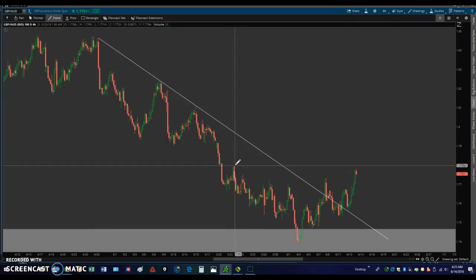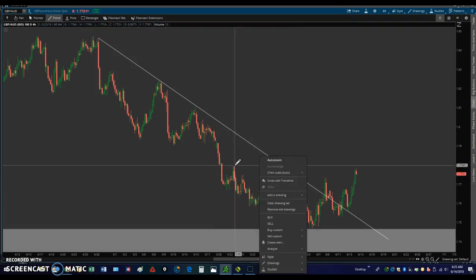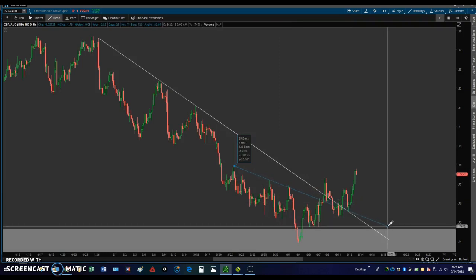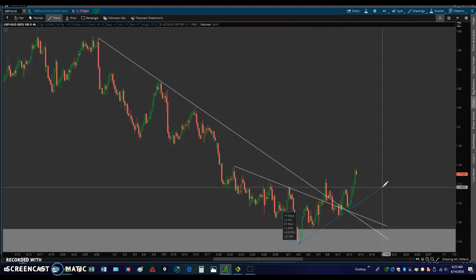So we had this extra little trend line that was containing price. You can see once that was broken, it was retested pretty perfectly and kind of chopped around it, but held overall.